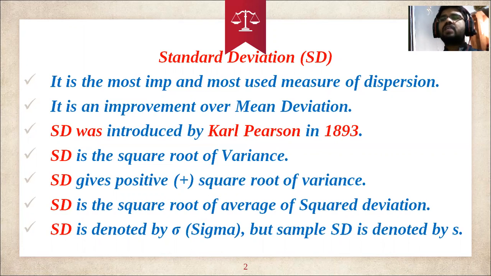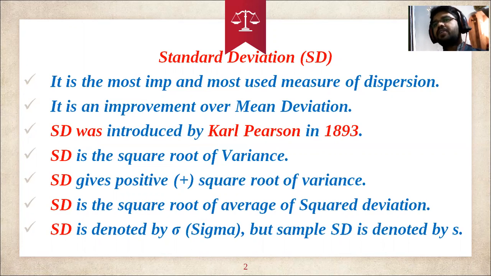Variance is the average of squared deviations: summation of x minus x bar whole square divided by n, the number of observations, or sometimes n minus 1. In which cases we use n minus 1 and in which cases n, we will see in the next slide.